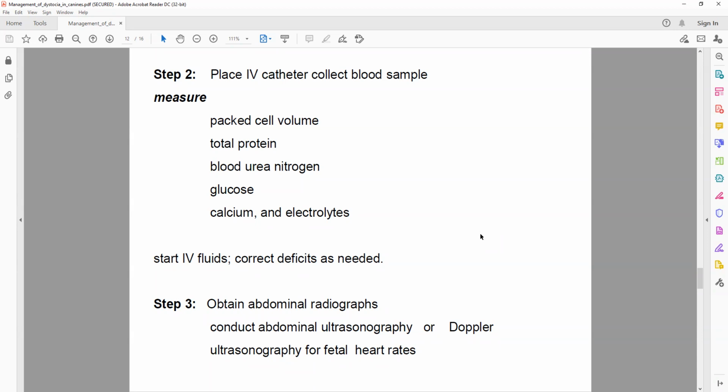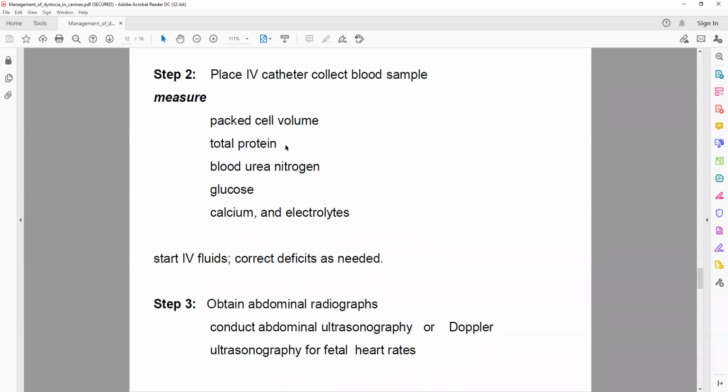Then you can ascertain total protein level, blood urea nitrogen, glucose, and electrolytes, especially calcium, so that you can come to a confirmatory diagnosis. If the calcium level is falling below the critical level, it means uterine inertia is going to develop. Suppose the total protein level is low, then you can make a decision on how much anesthesia can be given.